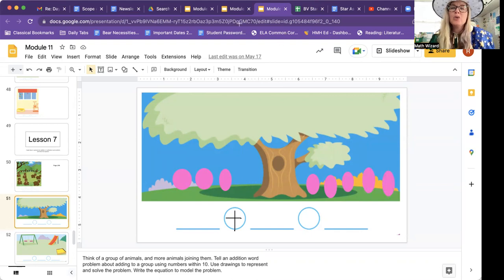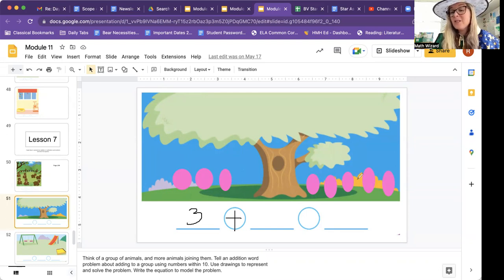All right, so what were my numbers? Let me read the problem again. There were 3 bunnies under the tree. And 5 more joined them. How many are there altogether? How many are under the tree now? So my first number, there were 3 to start with.